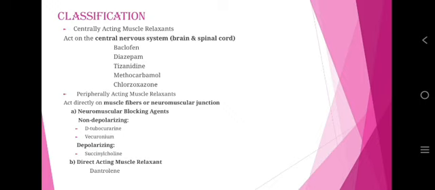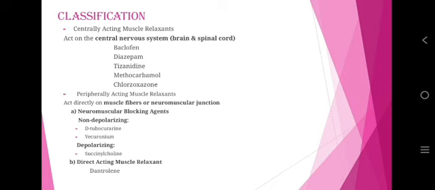They are classified into two main categories: neuromuscular blocking agents and directly acting muscle relaxants. The neuromuscular blocking agents are classified into non-depolarizing and depolarizing.